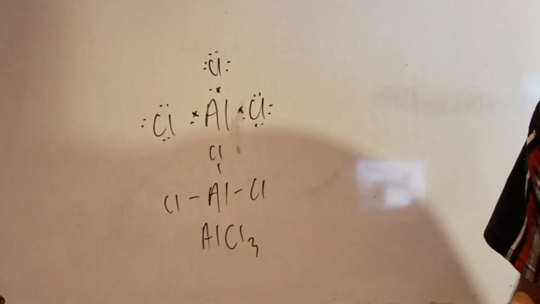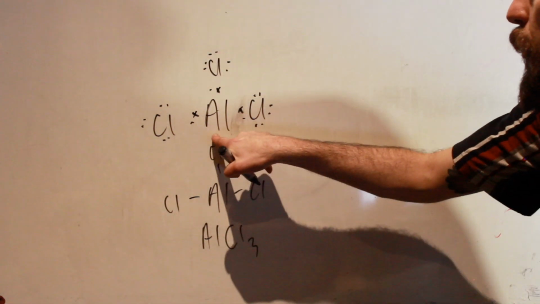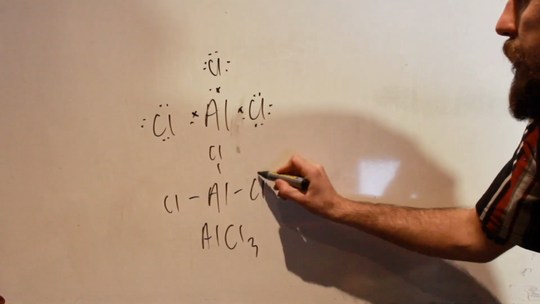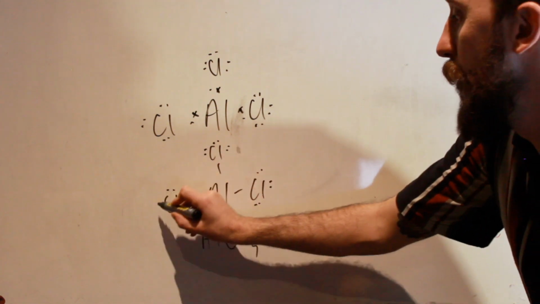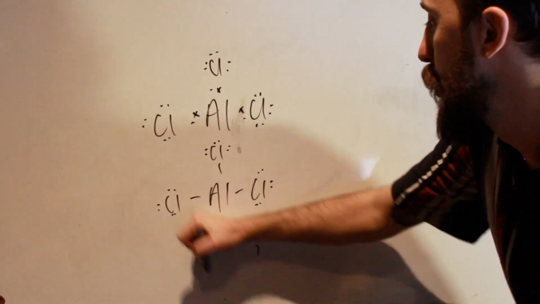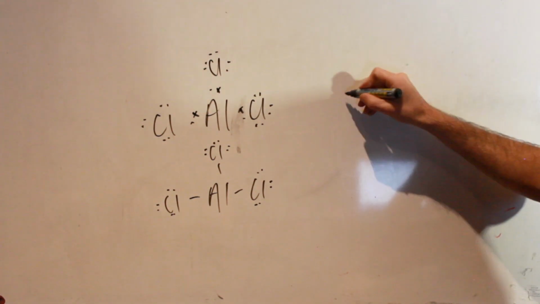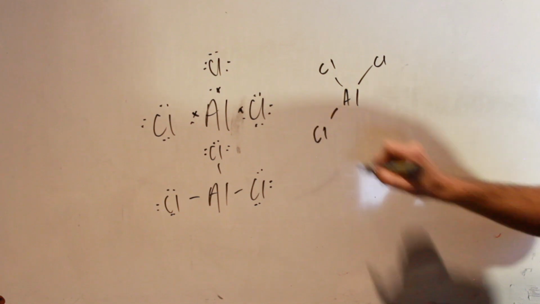So if we think about our dative bonds, we need vacant orbitals and we need lone pairs of electrons. So we have a vacant orbital here. We have an aluminium that could have 2 extra electrons there to have an octet. Our Cls have plenty of lone pairs. So if we had 2 of these come along with each other, what you could see is Al, let's say Cl there, Cl there, Cl there.